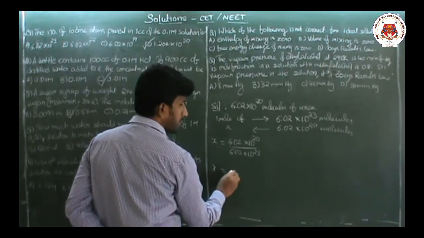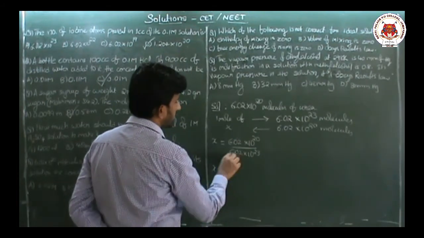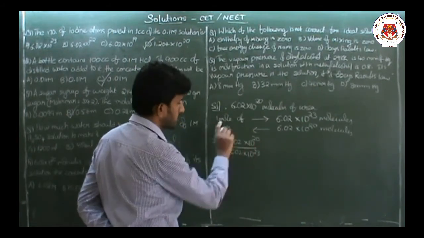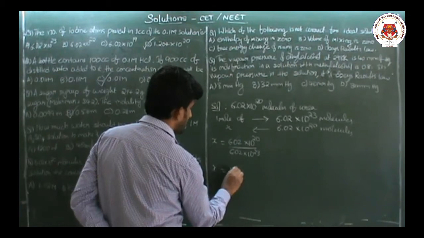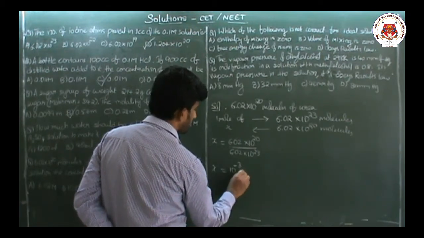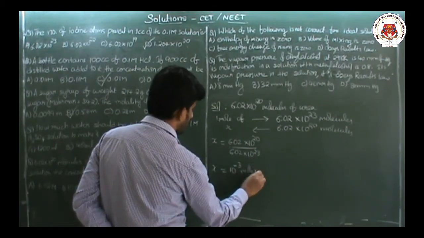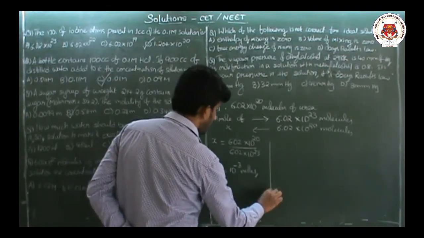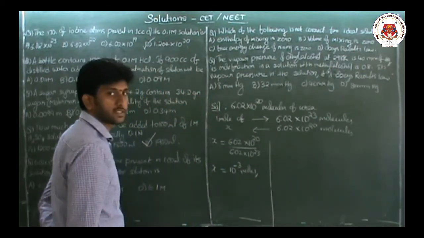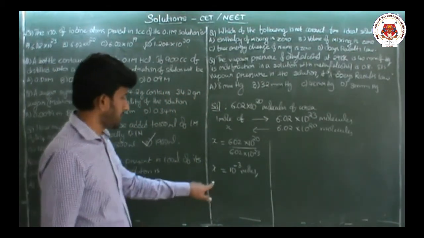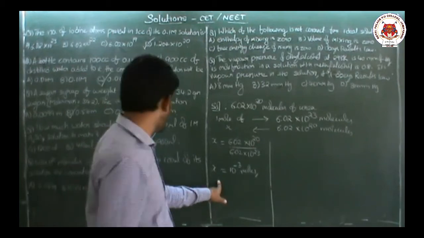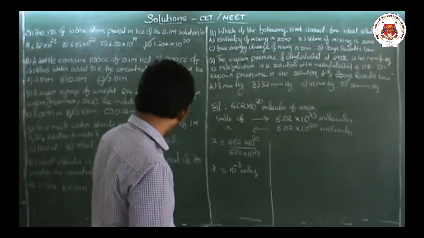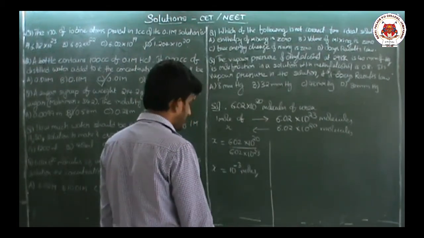This cancels, 20 and 23 means the remaining will be 3, and this 3 goes to the denominator, that means 10 power minus 3 moles are present in 100 ml of the solution. Now 10 power minus 3 moles are present in 100 ml.